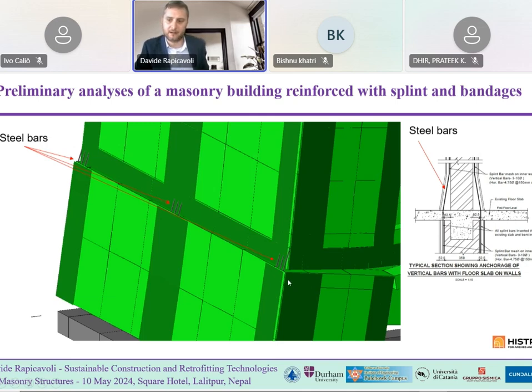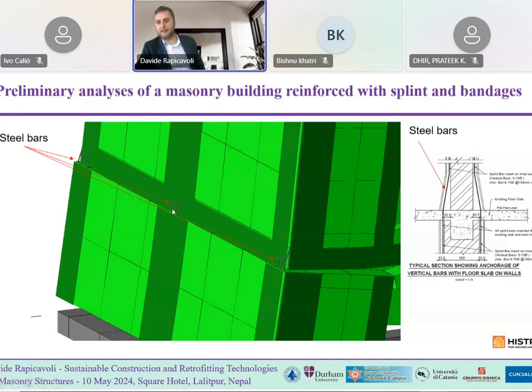In particular, it is important to guarantee good connection by stitching of the corners and of the floors of the walls when we have a different thickness of the masonry walls.